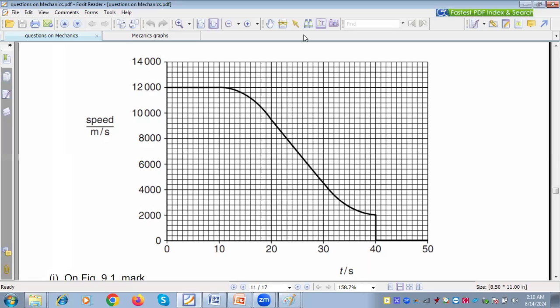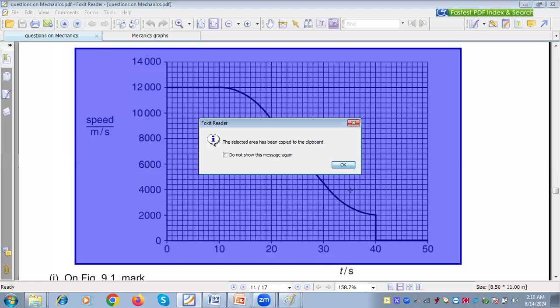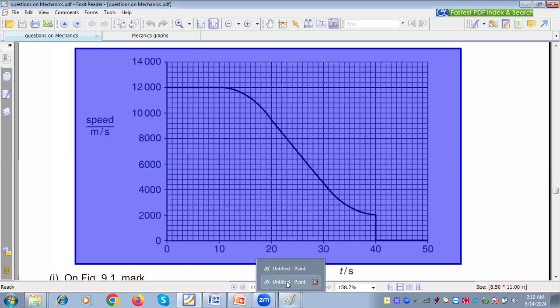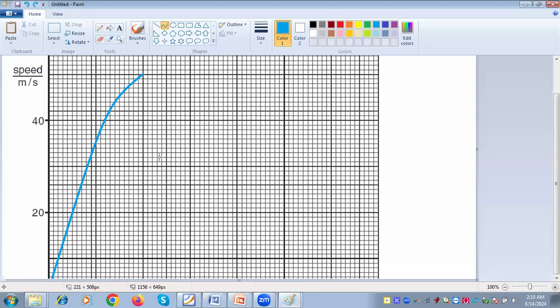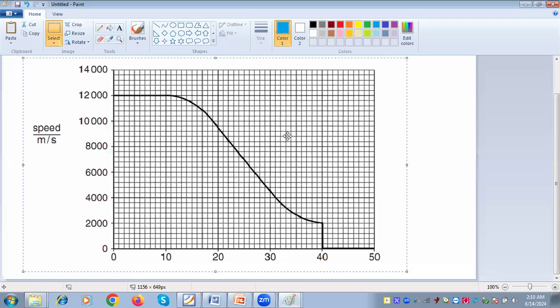Let me take this part, which is where the acceleration is uniform.